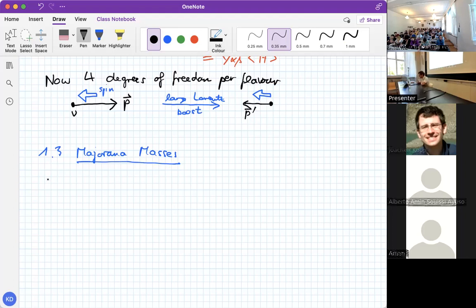So let me write this down. So mass terms couple left-handed and right-handed fields.